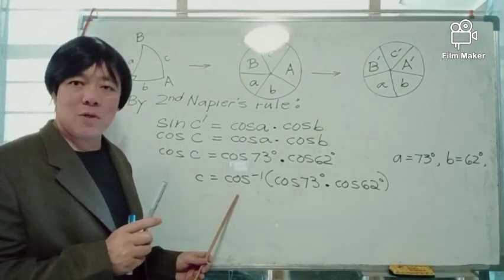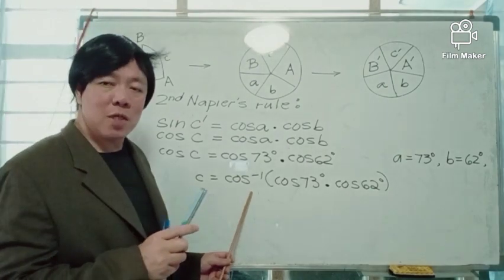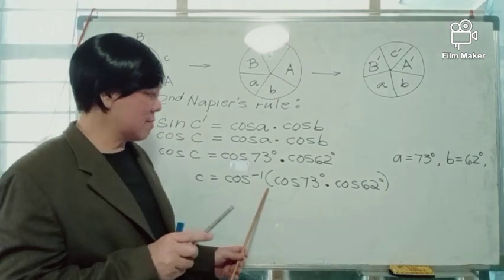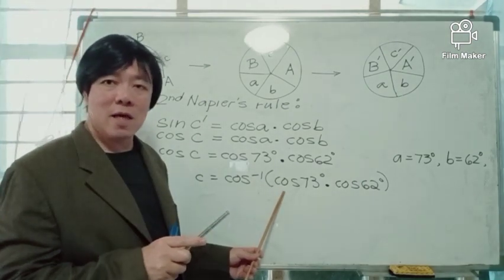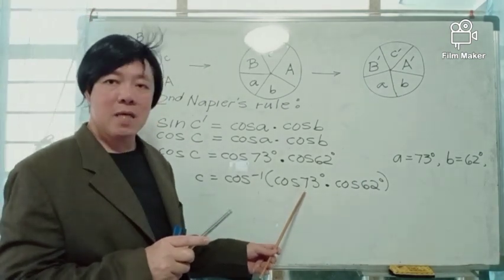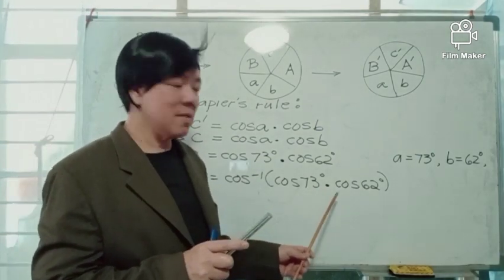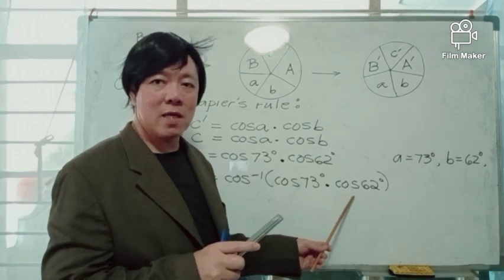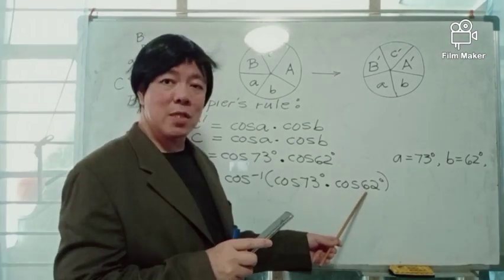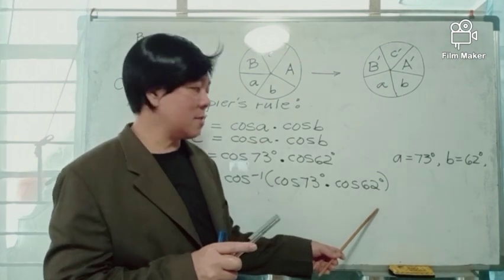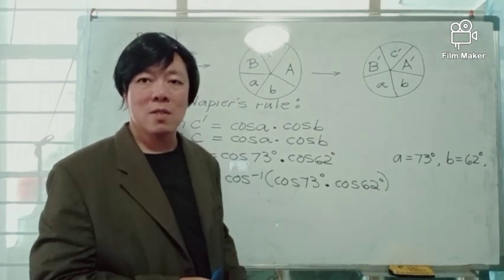In your calculator, you press shift cosine and then open parenthesis, press cosine, press 73, then you press multiply, press cosine, press 62, then press close parenthesis, and then you press equals.